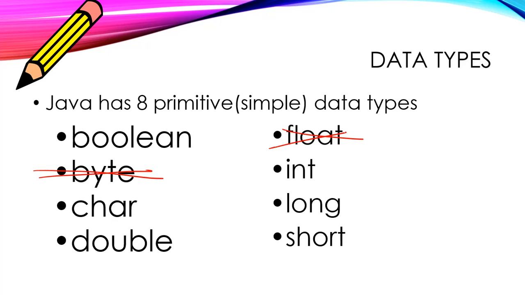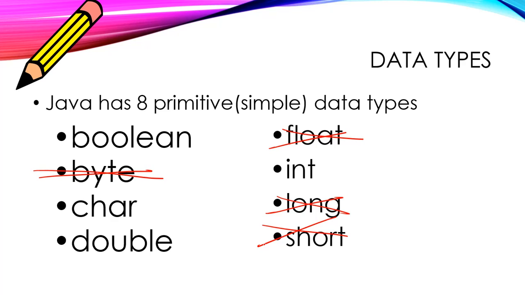Float is not very common either. Float is the same as a double. It holds about the same kind of information. It's basically decimals. And then these guys right here, int, long, and short, those guys also hold the same things. Long and short are not commonly used in this class. However, be aware that those are available as a programmer.